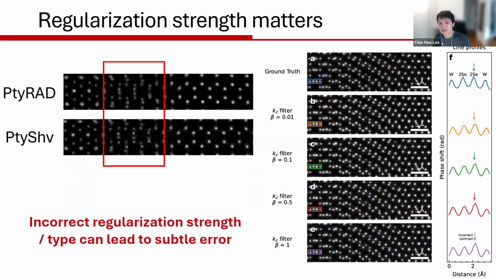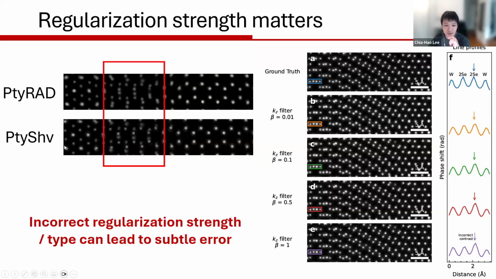And this is another subtle example of the regularization strength that I figured out recently, maybe a couple of months ago. When I was using the reconstruction with the k-z regularization, I was getting this incorrect contrast between the layers. If you're familiar with 2D materials, you will know that they form a hexagon shape, and this is a twisted bilayer 2D material.